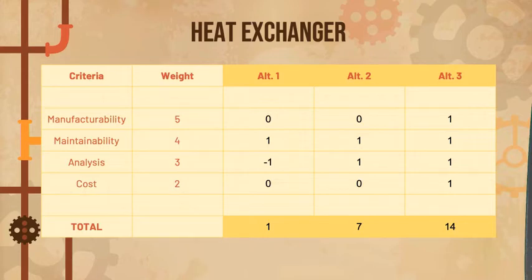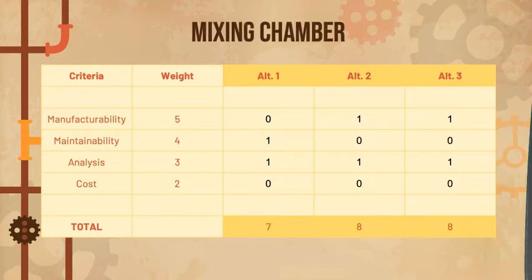So we decided to make two extra Pew matrices, one having to do with the heat exchanger, going through with the manufacturability, maintainability, analysis, and cost. We actually came up with Alternative 3 being the best option. Then we also made a Pew matrix over the mixing chamber, and Alternative 2 and Alternative 3 became tied in the end since they were pretty much the same.